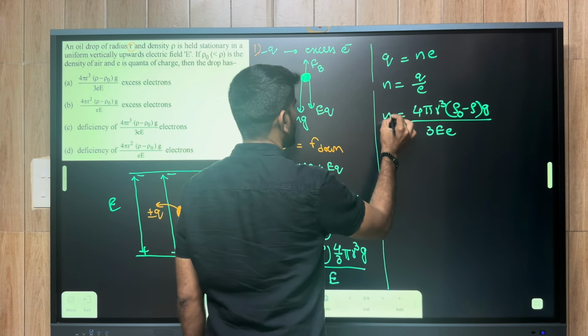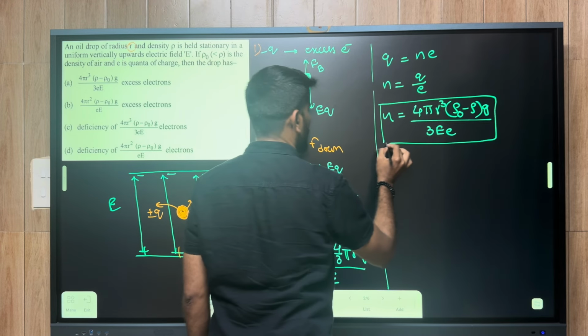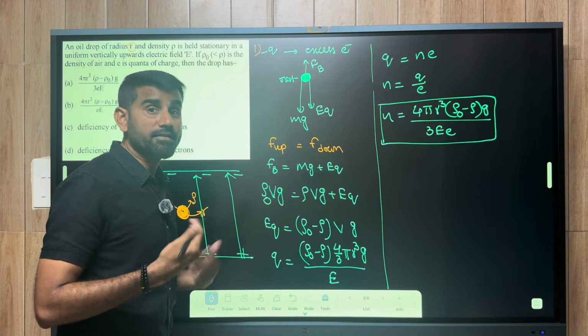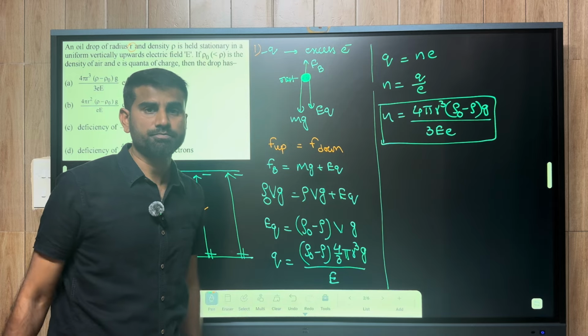So this is the number of excess number of electrons in the oil drop.